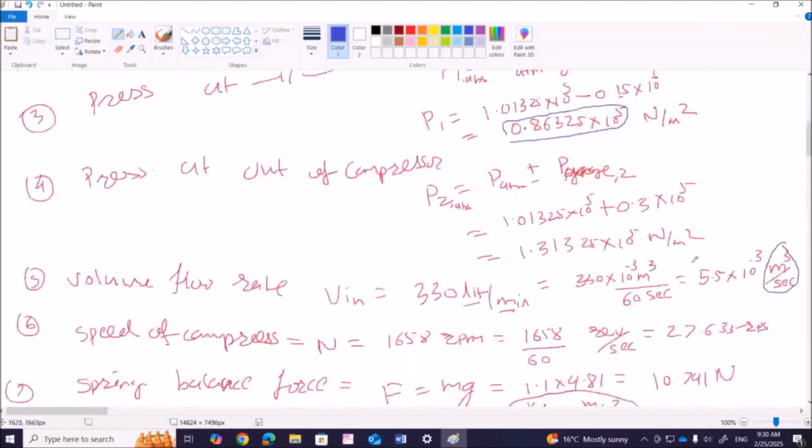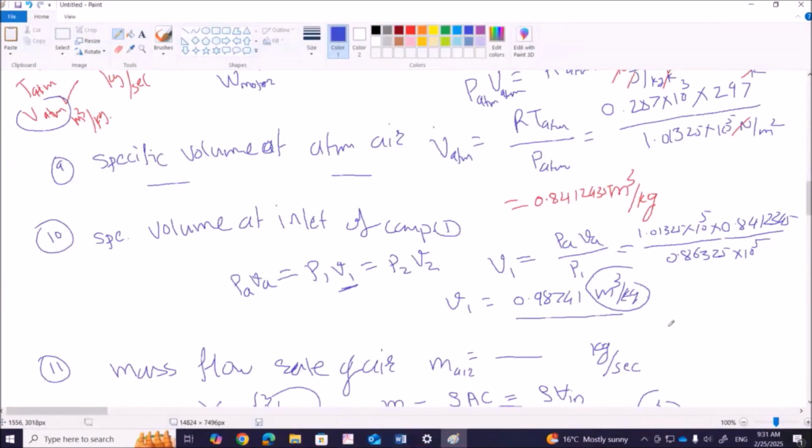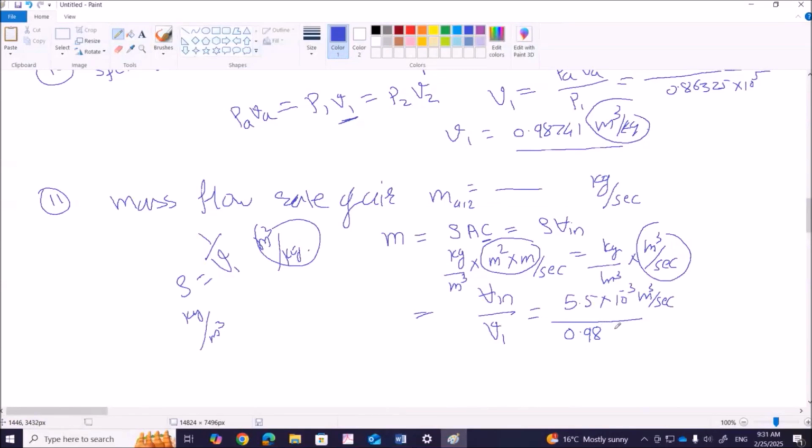I calculated before 5.5 times 10 to the power minus 3 meter cube per second. And V1 I just calculated, 0.98741 meter cube per kg. See, this meter cube gets cancelled, kg per second: 5.5701 times 10 to the power minus 3 kg per second.